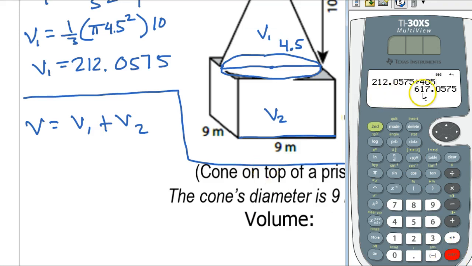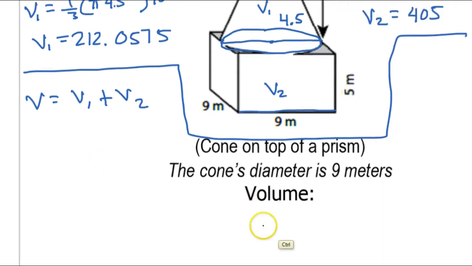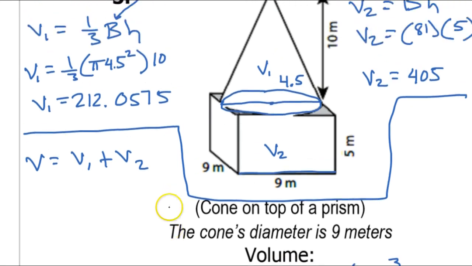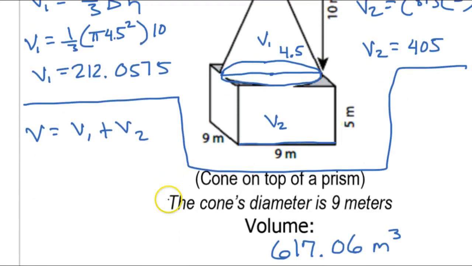So that gives me 617.06. So this is in meters. So that's going to be meters cubed. So that is it for problem number 5.